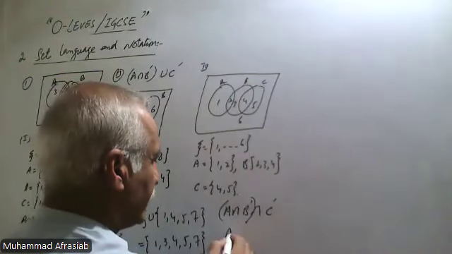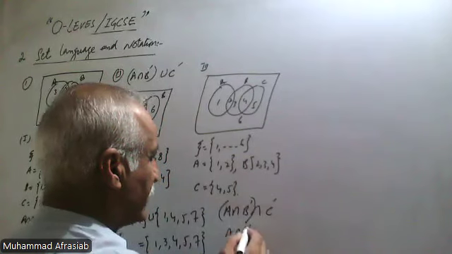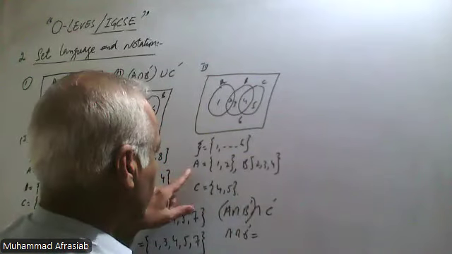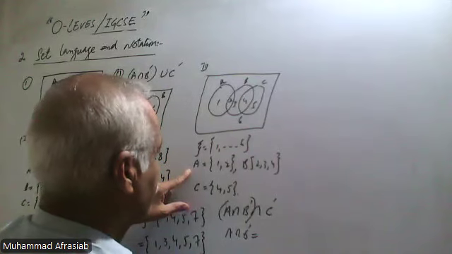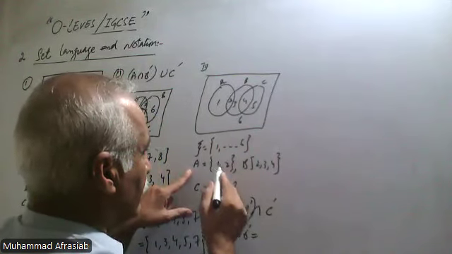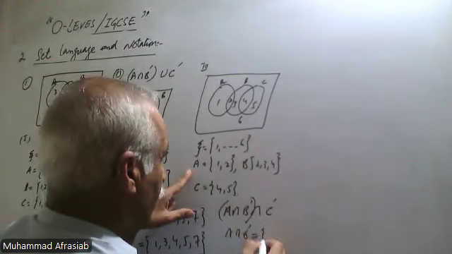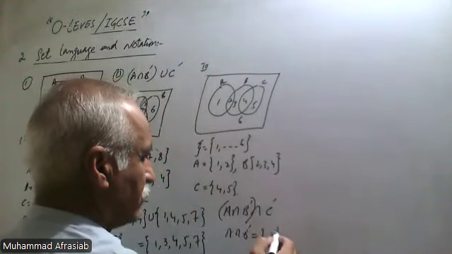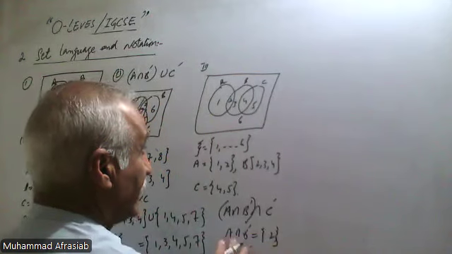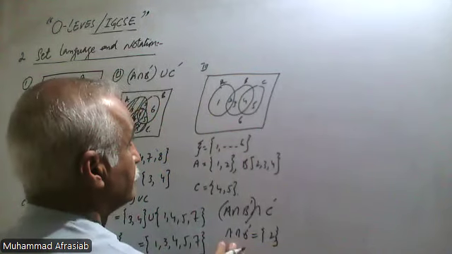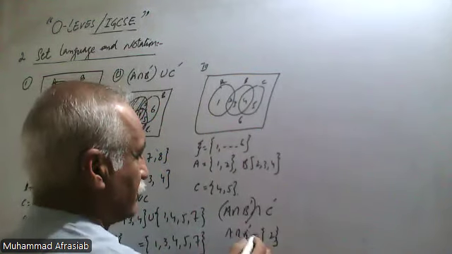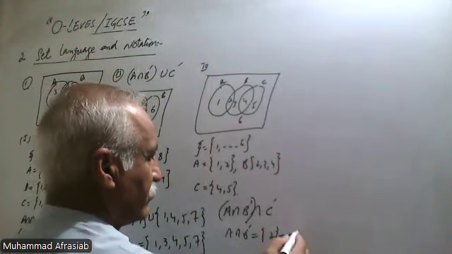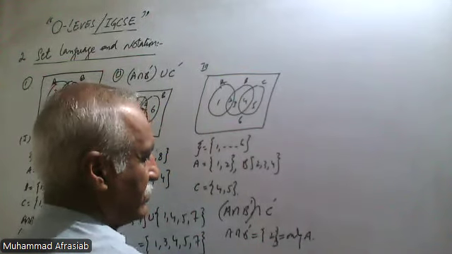So A intersection B complement is basically equal to 1, which represents only the A part.